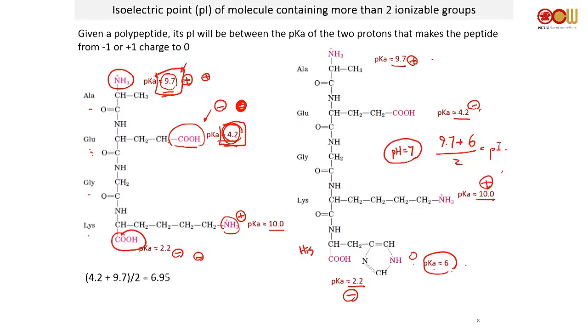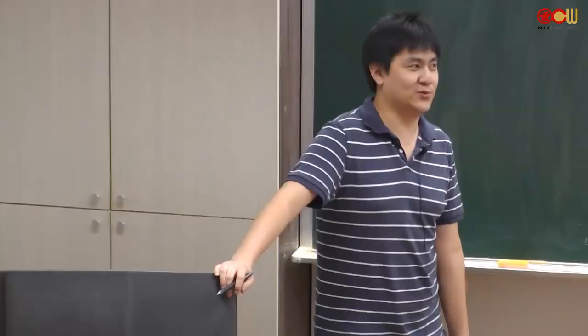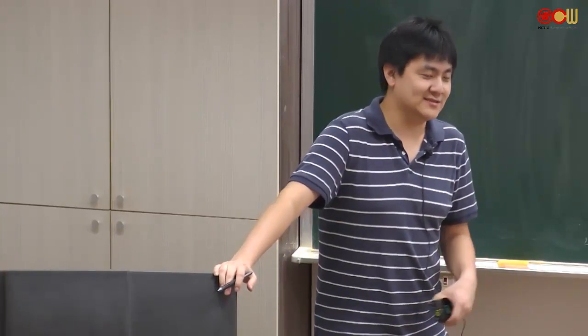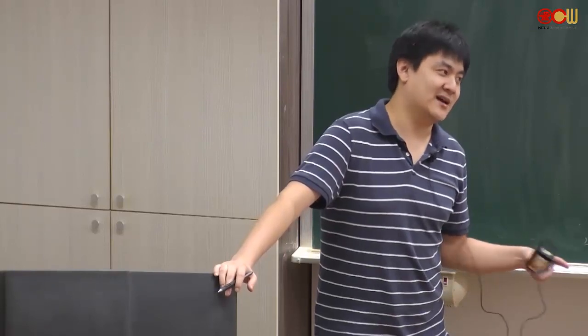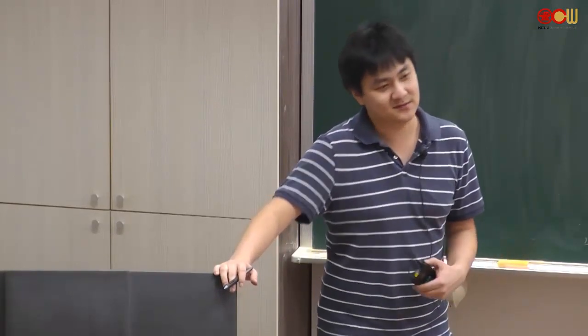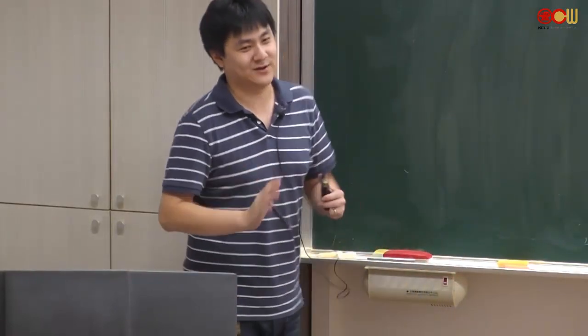That will give you a very good estimate of the pI for this protein or peptide. Of course, you can't do this when the protein is 300 amino acids long. I'm not going to have you in an exam count how many ionizable groups you have in a 300 amino acid residue protein. That's just nasty.